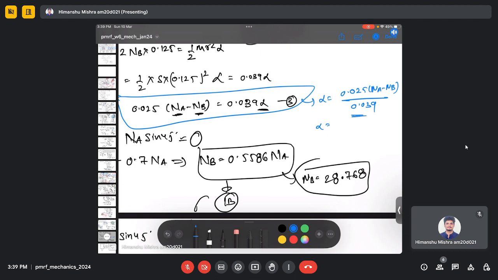So when you solve this, you will get alpha as 14.57 rad per second square.